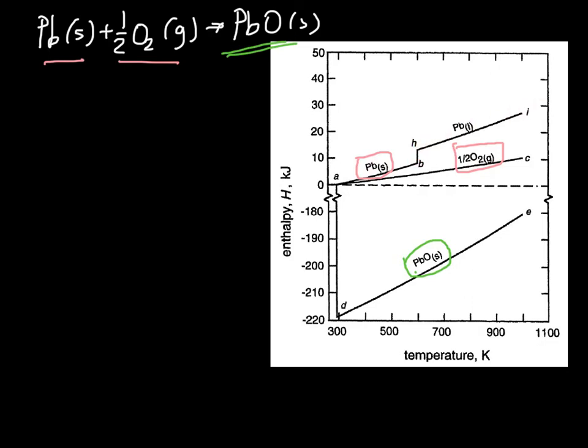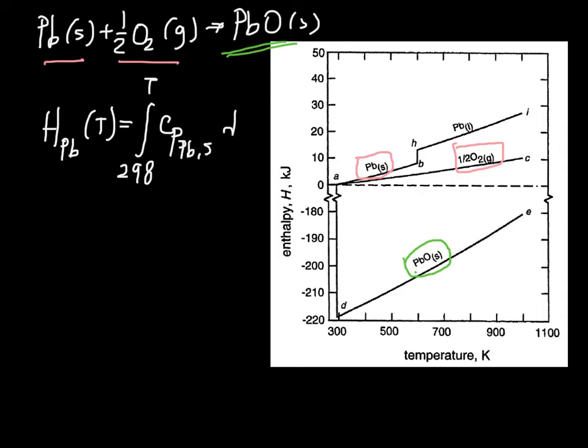In the case of lead oxide, we have some known delta HF at 298, and then it increases also according to the heat capacity. So for lead, we can write that the enthalpy of lead as a function of temperature is the integral from 298 to the temperature of interest of Cp of lead solid dT.